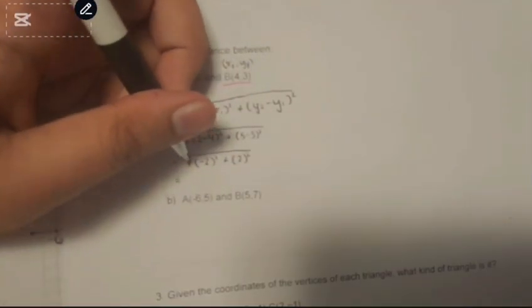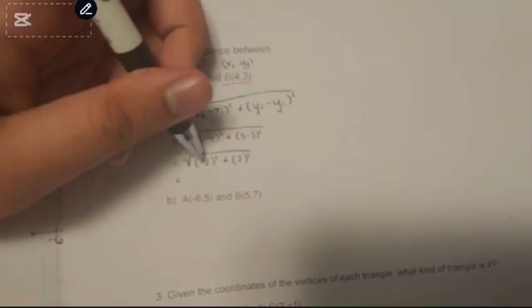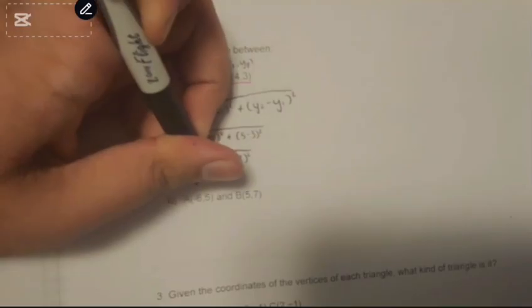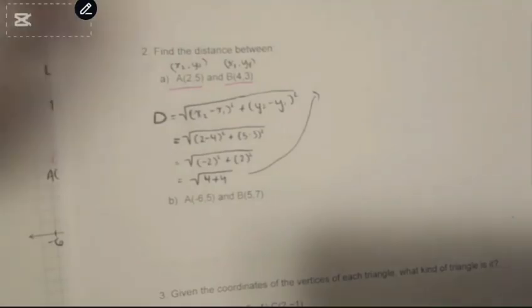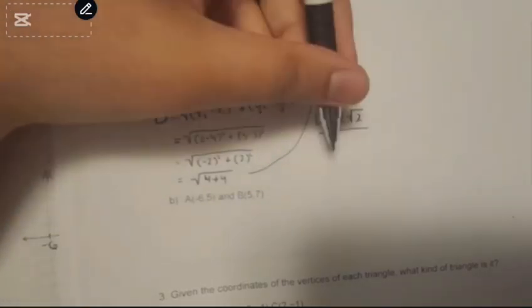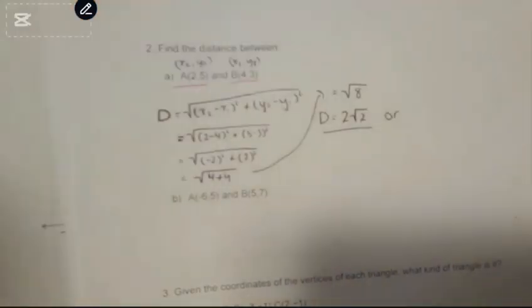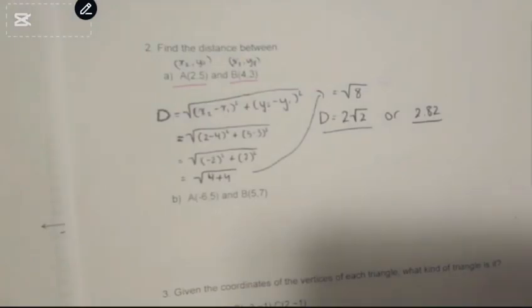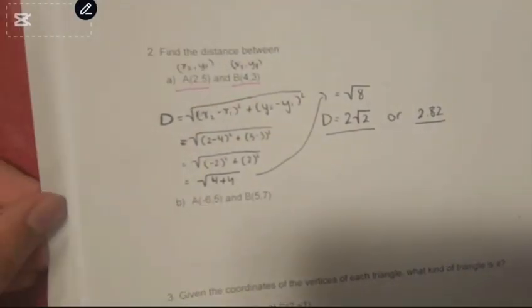And then this will become 4 plus 4, and then we'll get 8, and then this will become 2 root 2 first. So this is one form we can put it in, or D is equal to 2.82. So this was one of the questions.